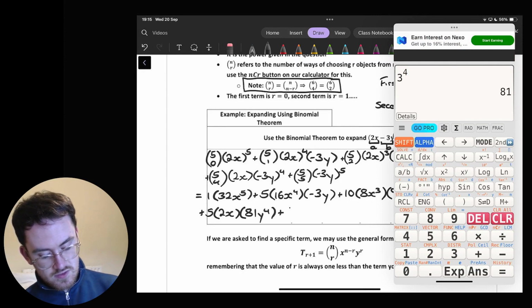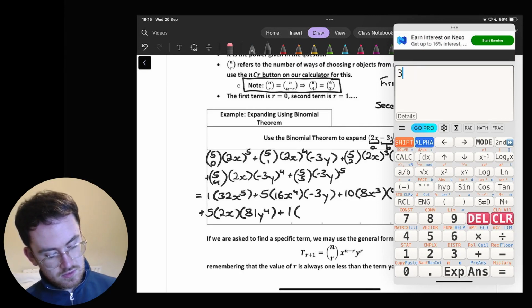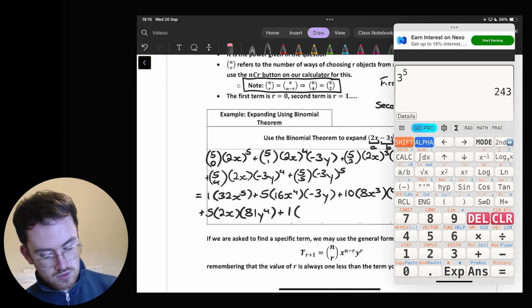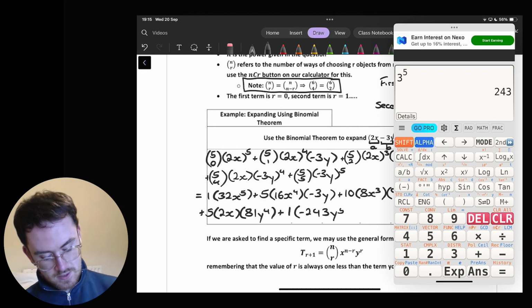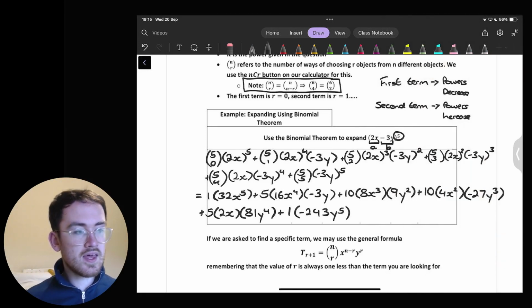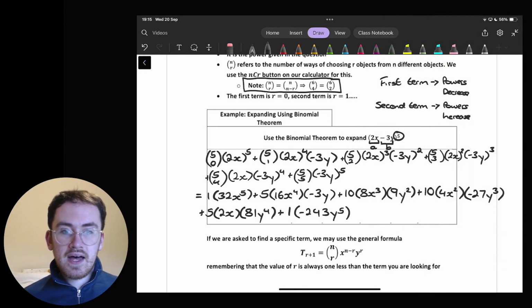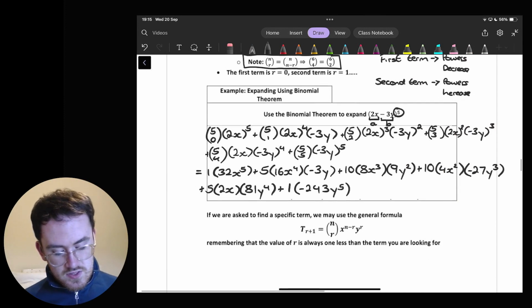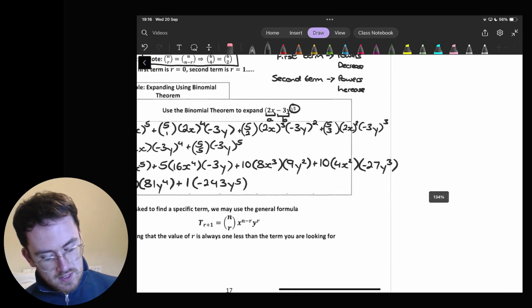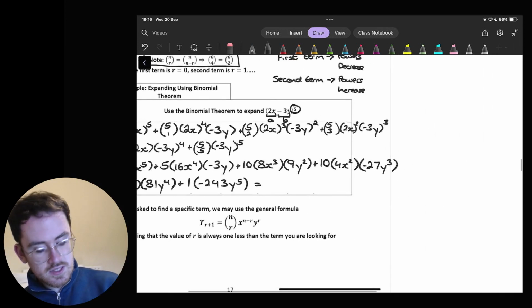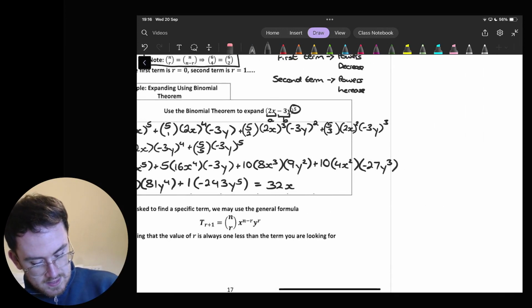And then again, 5 choose 5 is just 1. And we get 3 to the power of 5, which is 243. So it will be minus 243y to the power of 5. So by combining and working out these values and listing out our answer, I'm just going to write it over, I'll probably run over to the side here, but that's okay. So we're going to get 32x to the power of 5.